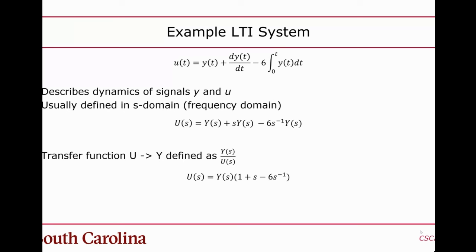When you want to take the derivative of a signal and go to the S domain, you take S and multiply it by that signal. So for example, sY(s) is the derivative of Y, whereas sU(s) is the derivative of U, right?